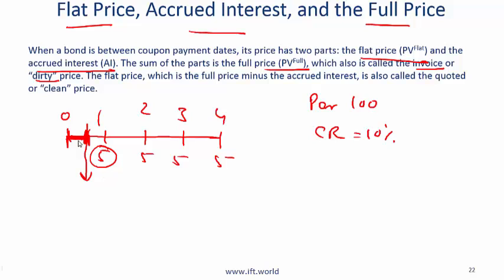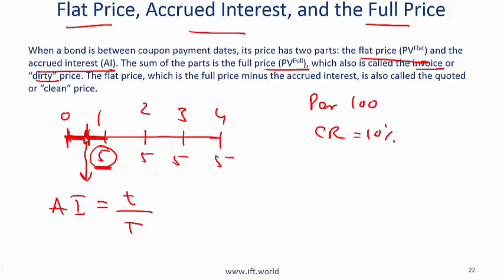But the person who held the bond for the first half of this period really deserves half of this number. So that amount that he deserves is called the accrued interest.